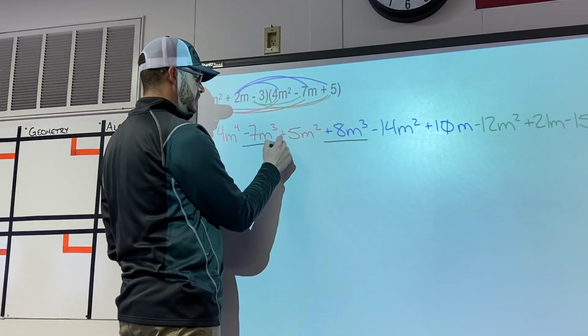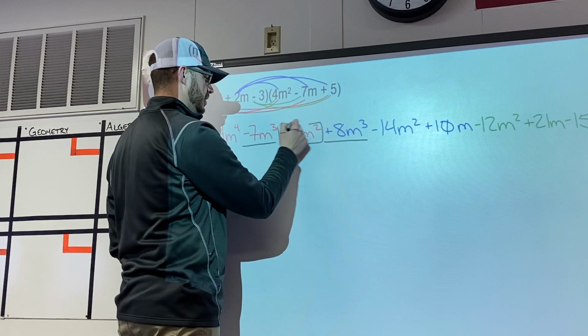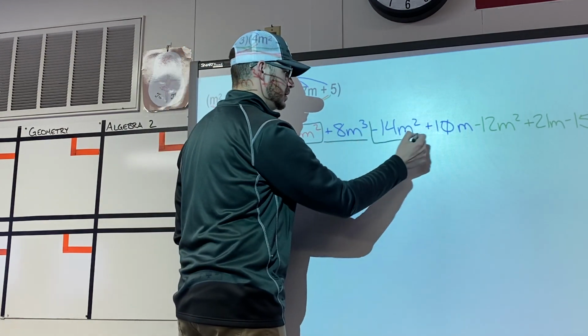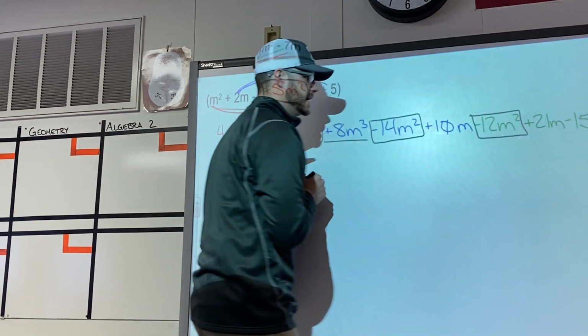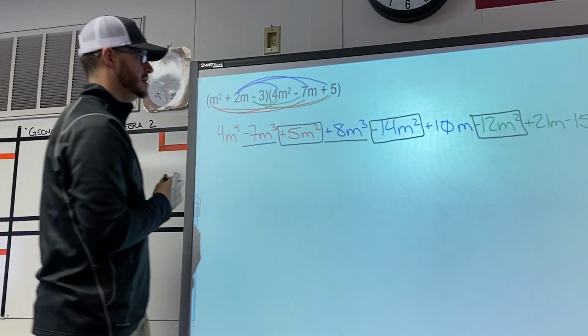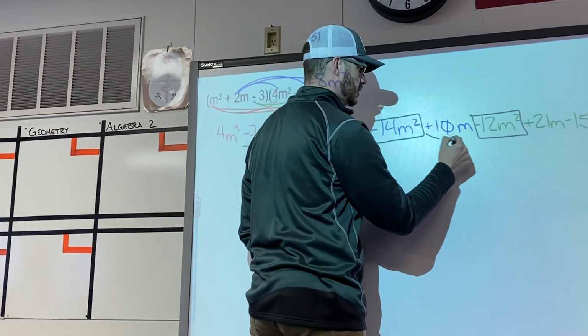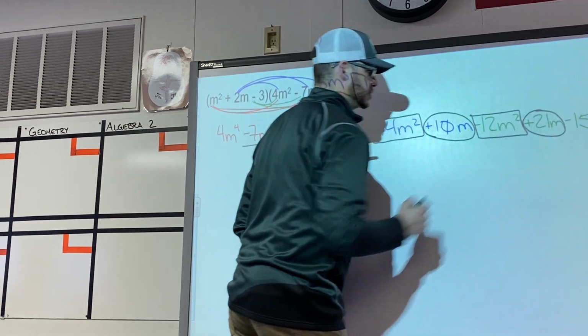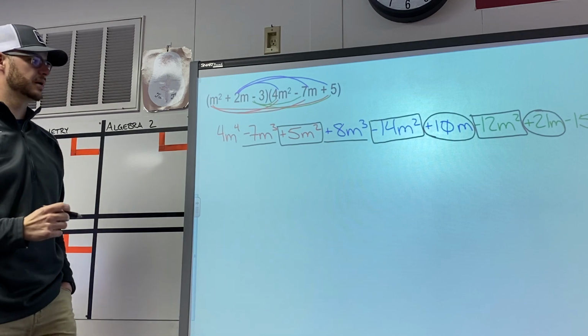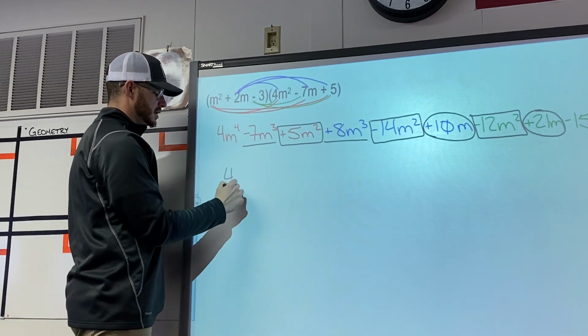Then for m squared values, we have 5m squared, negative 14m squared, and negative 12m squared. Then our m's, 10m and 21m. So we want to combine those like terms.